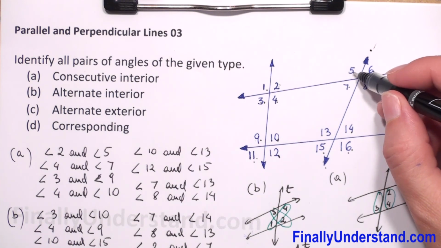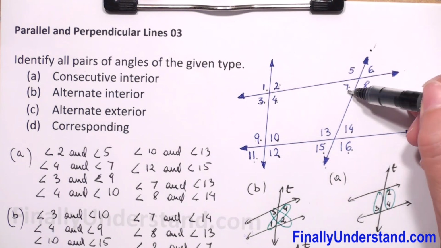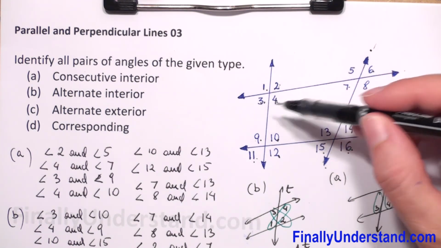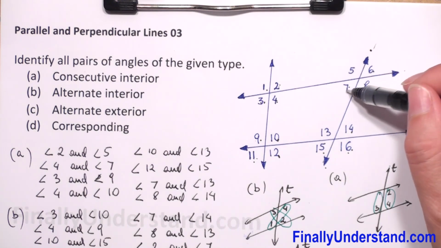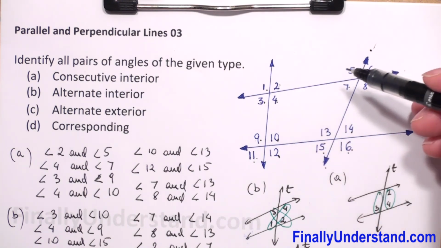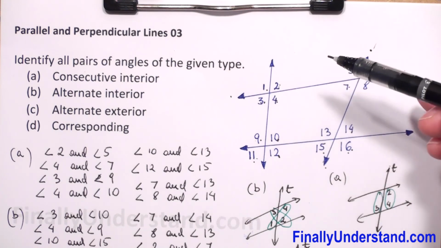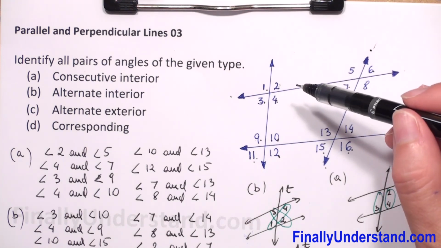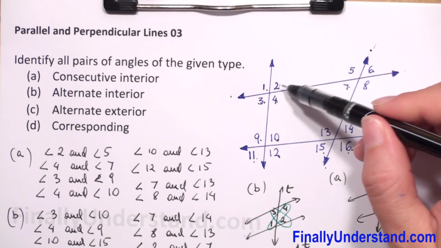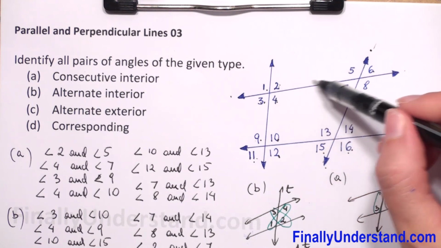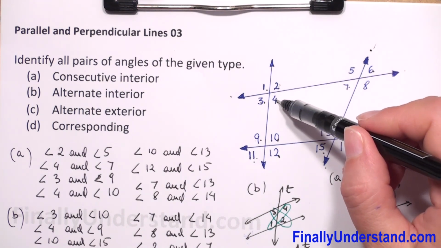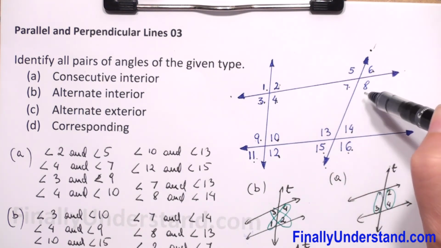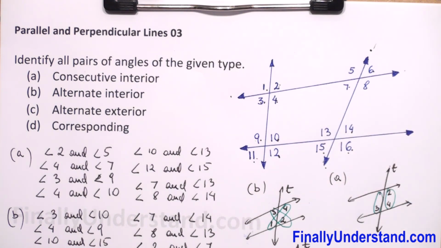So it will be 5 and 1, and 7 and 3 will be on the left side. And when you are here, above lines will be 2 and 6 on the left side, and 4 and 8 on the right side.